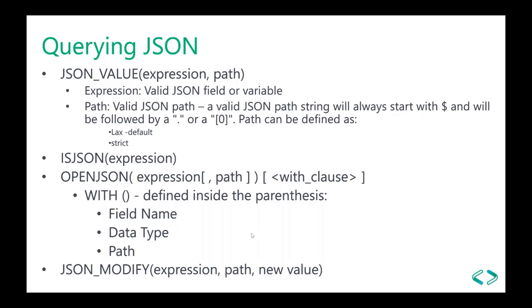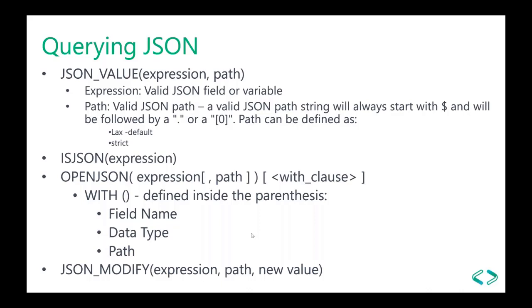JSON modify. You can modify the value inside a JSON field by providing the expression, which can be, once again, either a field or a variable, the path of the value that you want to replace, and the new value.